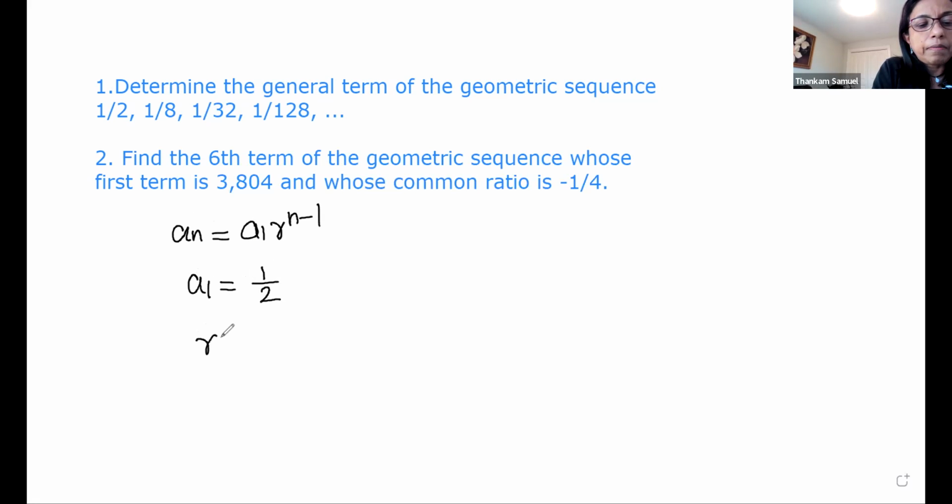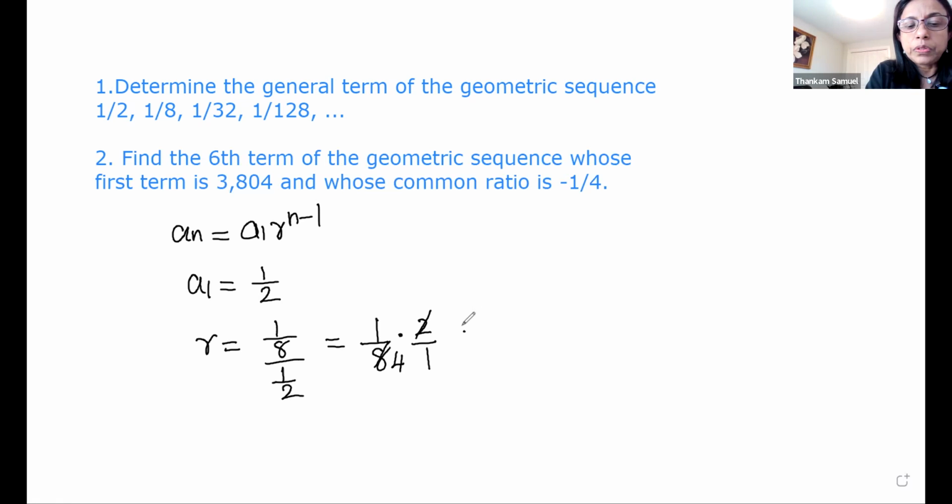To find r, we can divide the second term by the first term. That is 1/8 divided by 1/2, which is 1/8 times 2 over 1. We can simplify this by dividing by 2 and get 1/4.